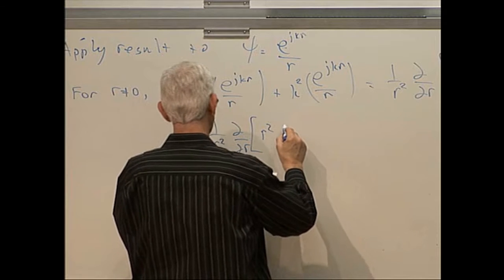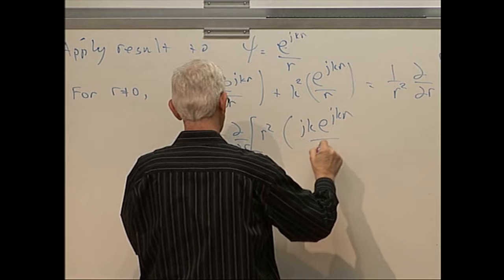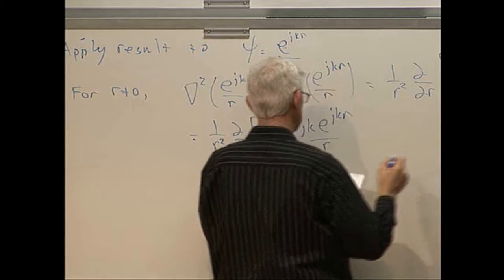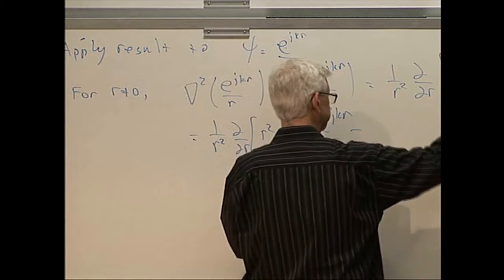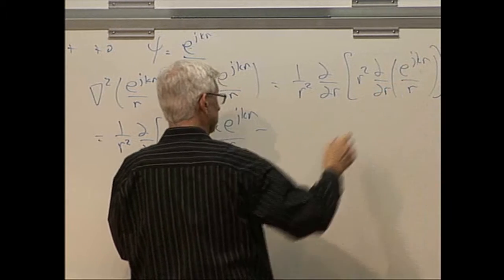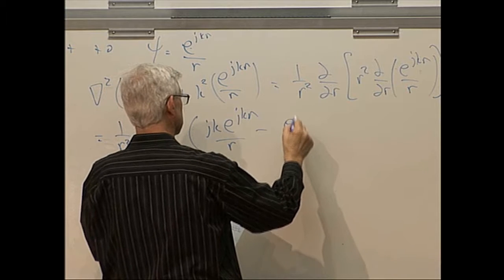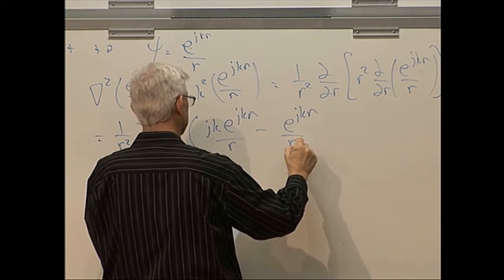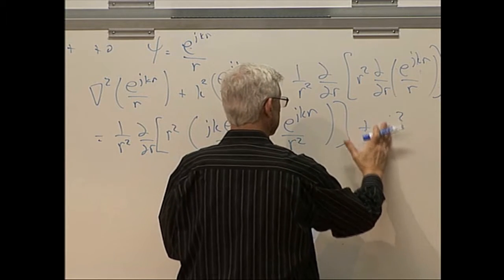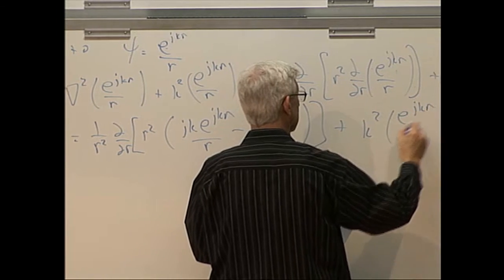So we break that out with our calculus: jk e to the jkr over r for the first part, that's just the partial of r, and then minus the numerator times the partial of the denominator, so that's minus e to the jkr over r squared. And then hanging on here is this k squared e to the jkr over r.